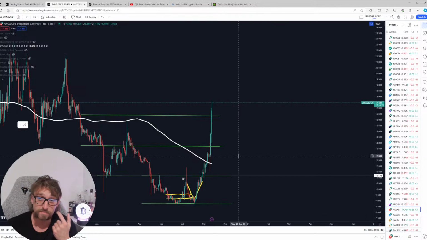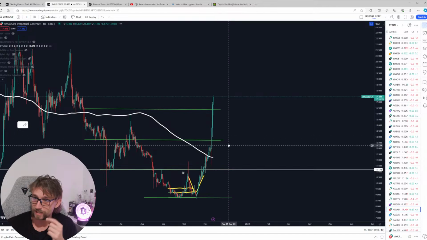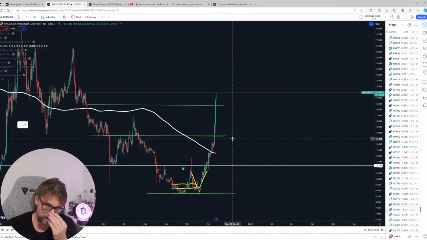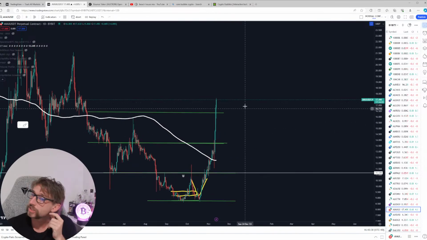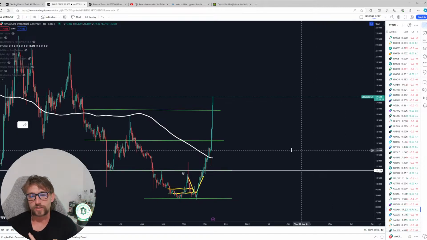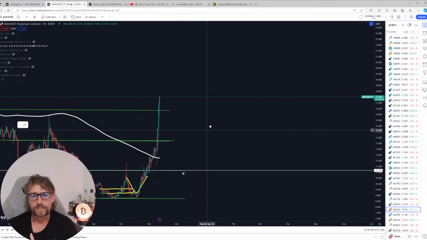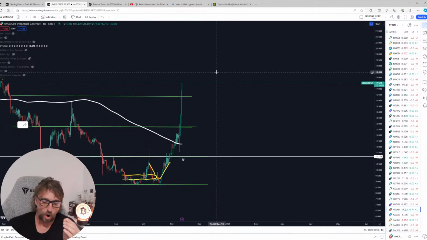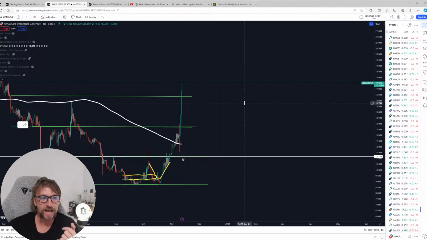AVAX mid pump. So nobody's buying this in fear of catching the top, and then nobody's shorting this because all you see is big green power candles. So it's obviously a no-go, but there's a lot of altcoin leaders in the space, AVAX being one of them, one of the larger cap coins as well.